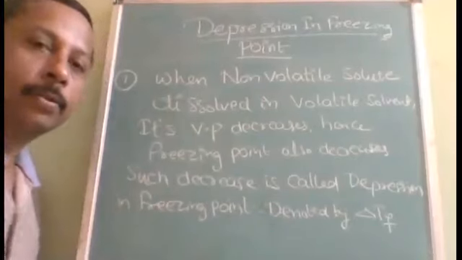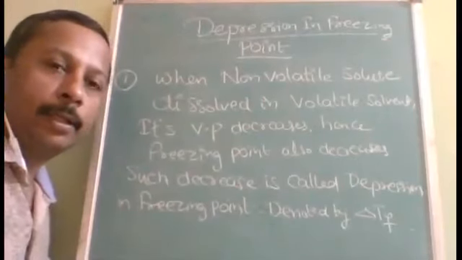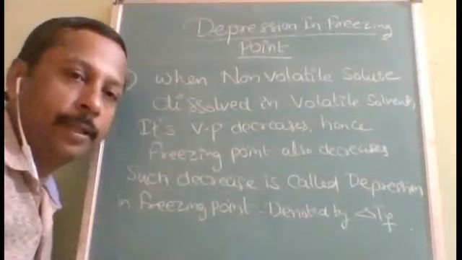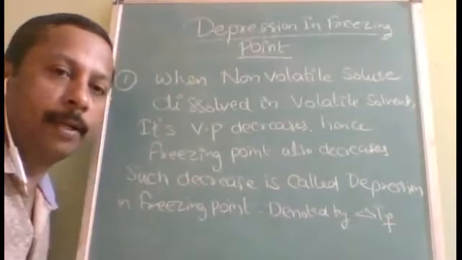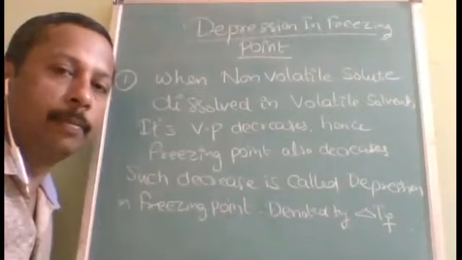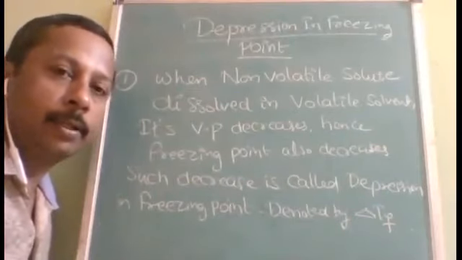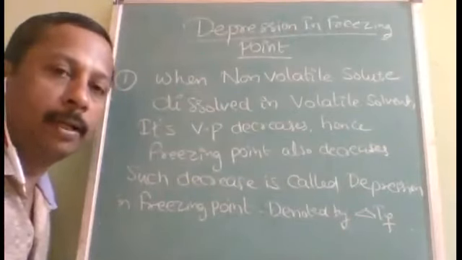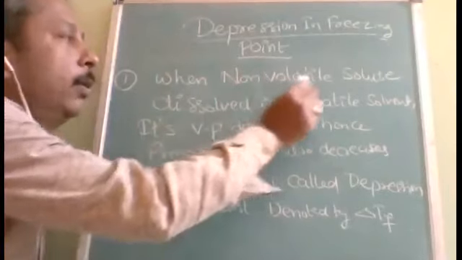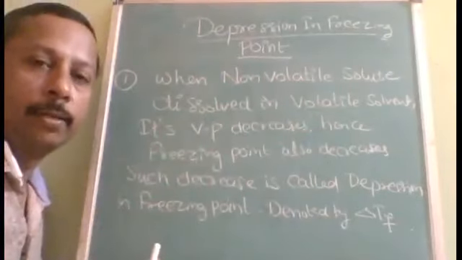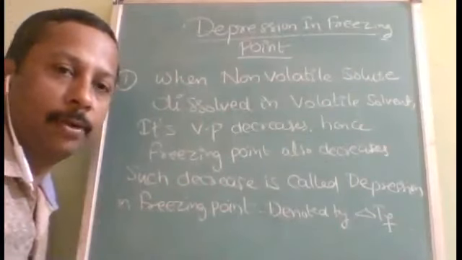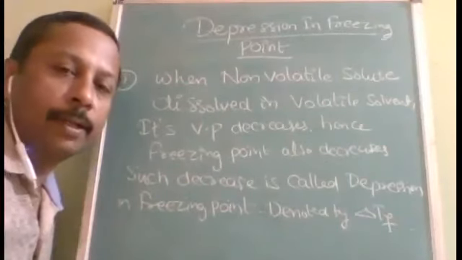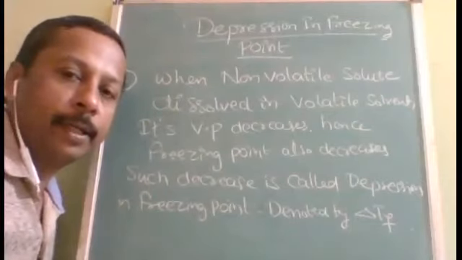Depression in freezing point happens along with the lowering of vapor pressure and the elevation in boiling point. All three happen together. When does it happen? When a non-volatile solute is dissolved in a volatile solvent, its vapor pressure decreases.